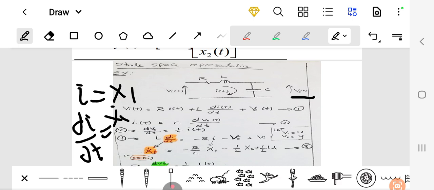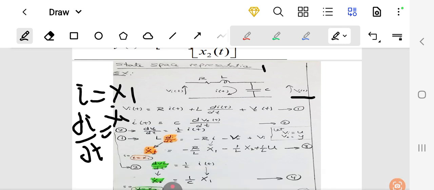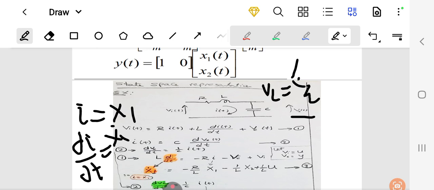Therefore, L di by dt, we take di by dt as x1 dot and divide all the equation by L. Negative R over L times I, which is x1, and negative 1 over L times x2, which is Vc taken as the second state. Vc equals x2.